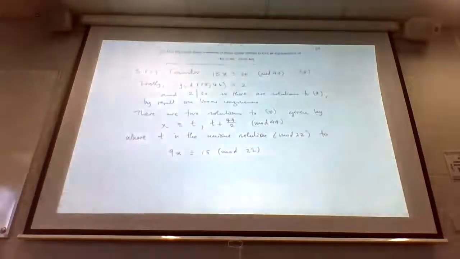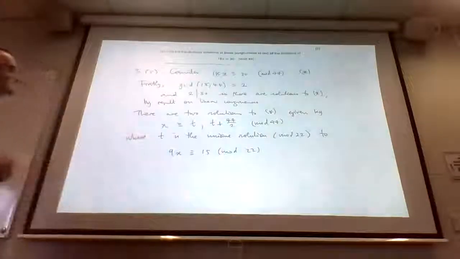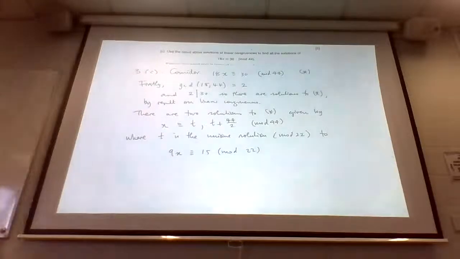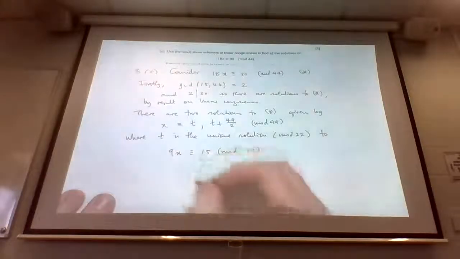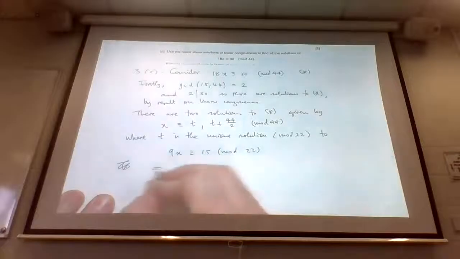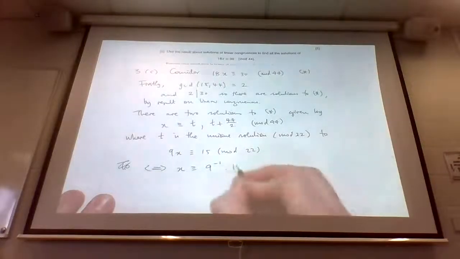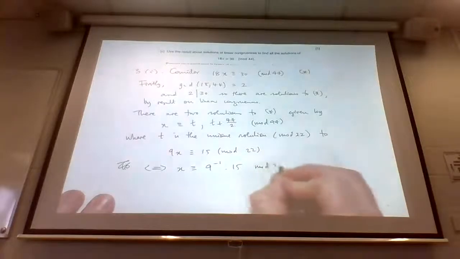So the original congruence is divided all the way across by the greatest common divisor to get this new one. And what's the solution of this going to be? This will be equivalent to x is congruent to 9 inverse times 15 modulo 22.